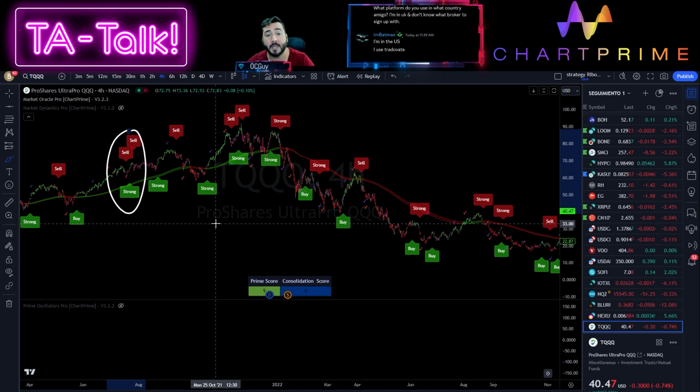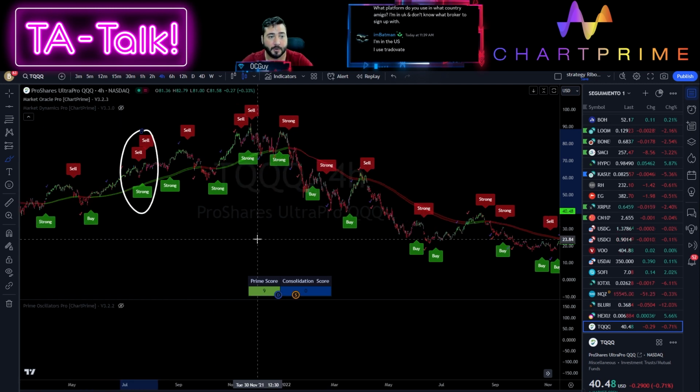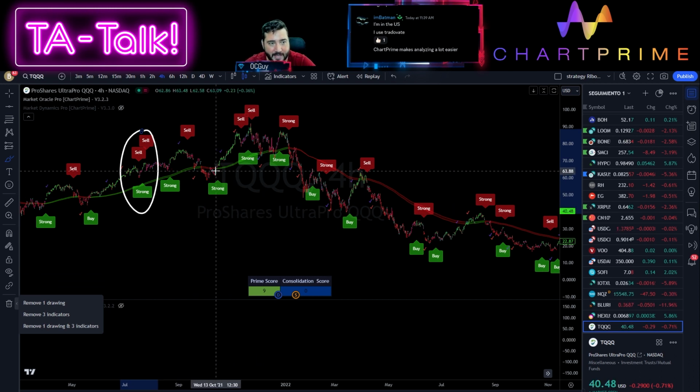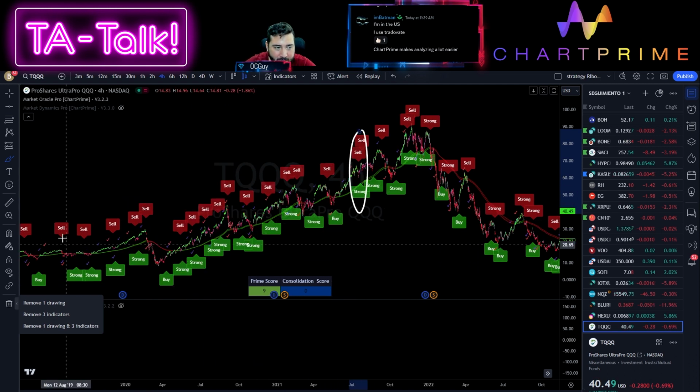But we can configure this to give you the least amount of interference. Again, at this point, interference is not bad. It's just going to add extra noise to the chart. Chart Prime makes analyzing a lot easier. Yes, it does. Let's take a look at the way that we can take out interference.